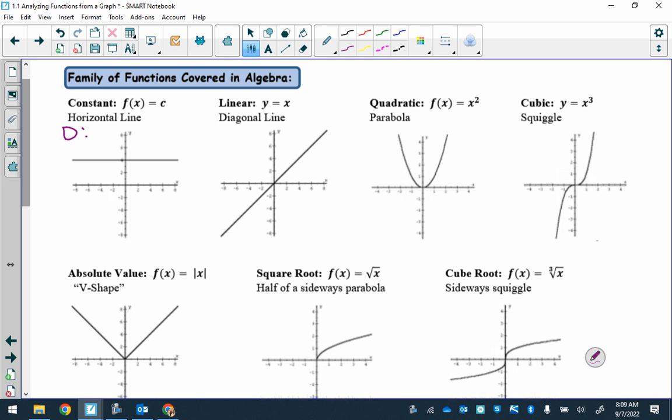Go ahead, Brad. Yep. How about linear? Same. Good. Quadratic? Same. And cubic? Same, right?